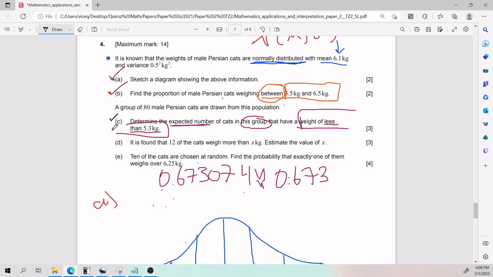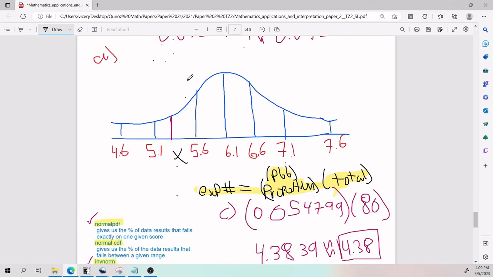All right, and now for part D, we have that it is found that 12 of the cats weigh more than X kilograms, and we need to estimate the value of X. Now, which 12 cats? Well, the 12 cats from the group of 80. So we're still talking about expected number. Exactly. Remember the equation for expected number: expected number equals your probability or proportion times your total.